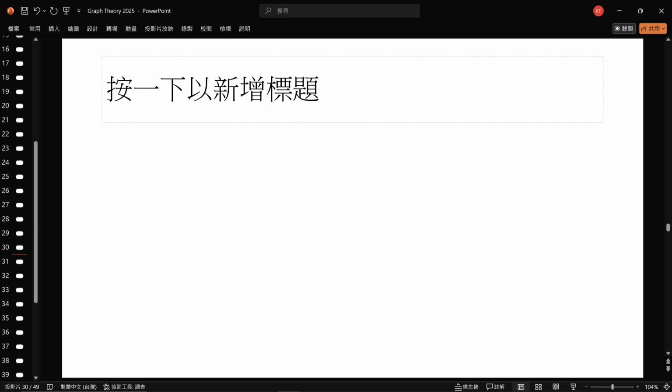Okay. All right, so this is an edge UV, and then we pick another edge in a different component. Call it XY.